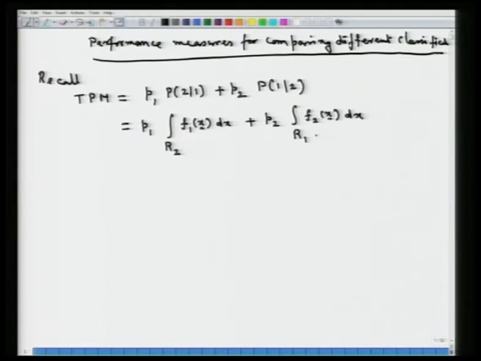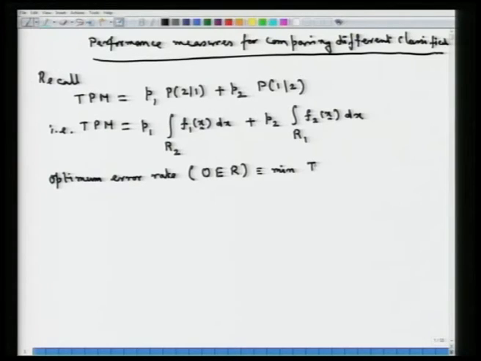Now, based on this total probability of misclassification, we can look at the following measure, which is called the optimum error rate, or OER. That corresponds to the rule which minimizes the total probability of misclassification, the minimum TPM rule.